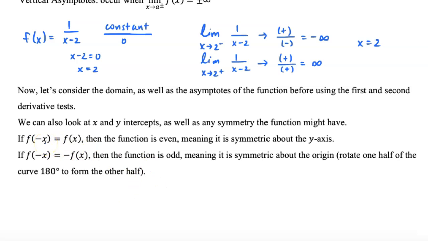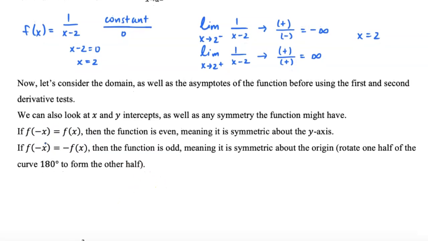If f of negative x equals f of x, so if I make all my x's negative and I get the same exact function, then the function is even, meaning it's symmetric about the y-axis. Let's take, for example, the function y equals x squared. I could write this also as f of x equals x squared. And here's what the symmetry tells me.